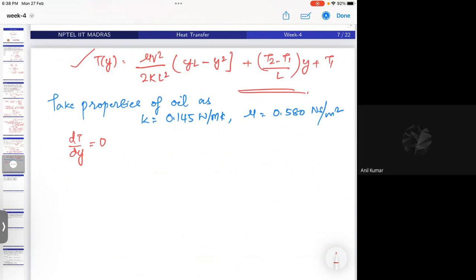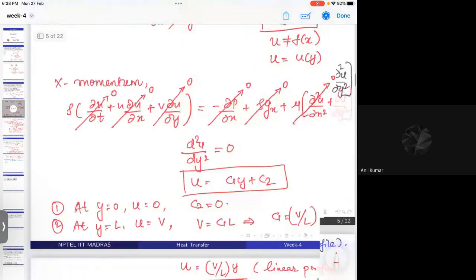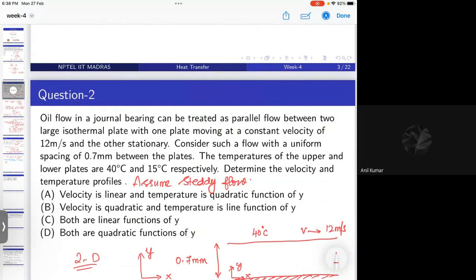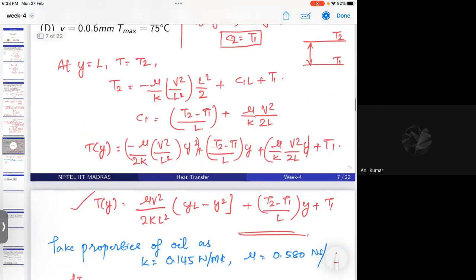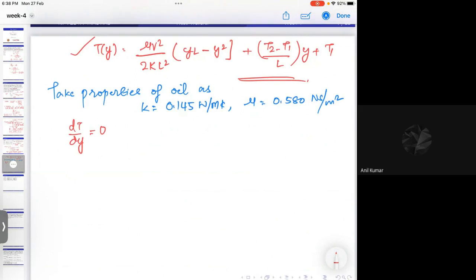So how much is the L? Can you just show the statement?